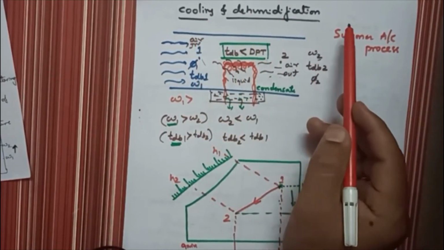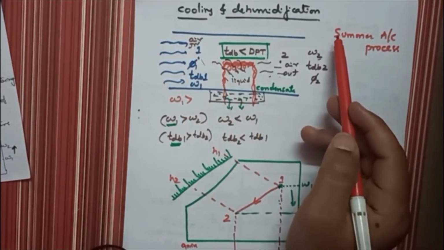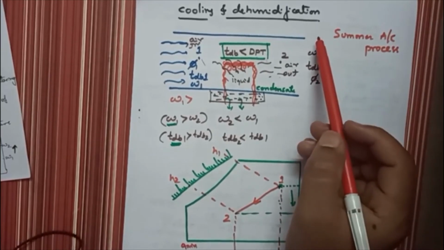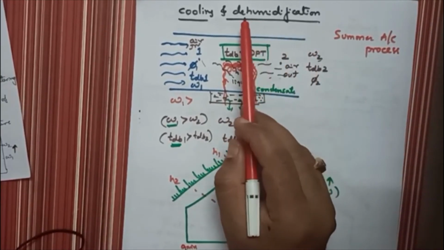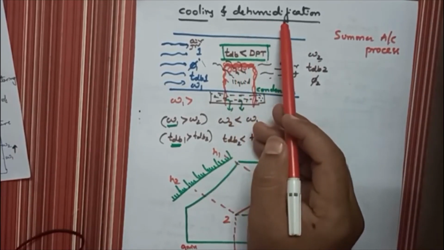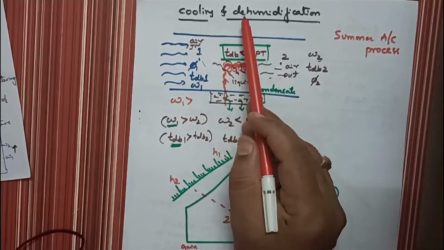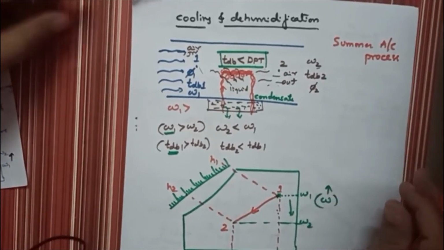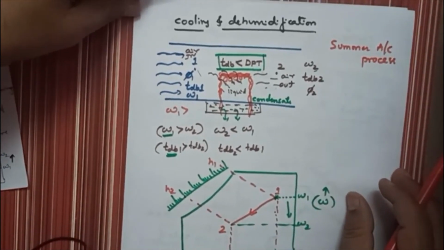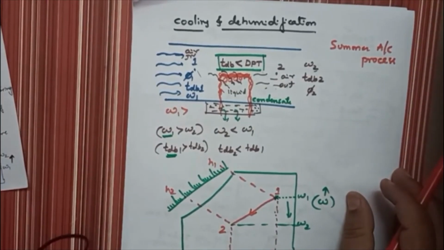And in the summer season, moisture content in the air will be more, that is, water vapor content will be more. So we need to remove the water content, so dehumidification we have to do. So cooling and dehumidification is necessary in summer air conditioning. So this is the concept of the cooling and dehumidification process.